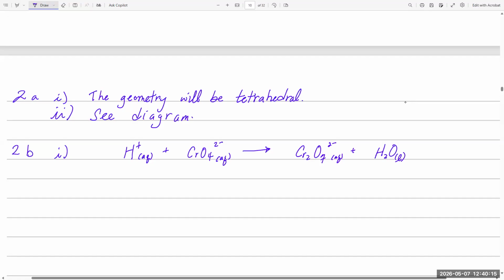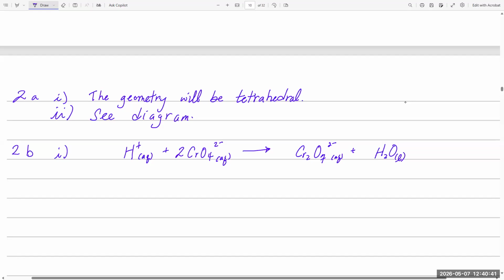Before we do that, let's just see if we can just mass balance this. You got one proton on the left side, one on the right side. But let's take care of our non H's and O's first. So I'm going to have to put 2 chromiums on this side to balance the chromiums. Now let's look at the oxygen.